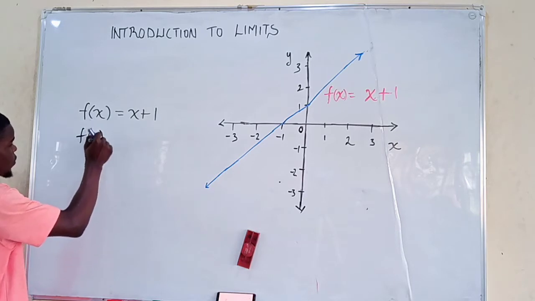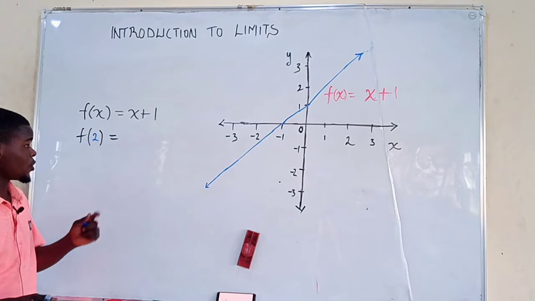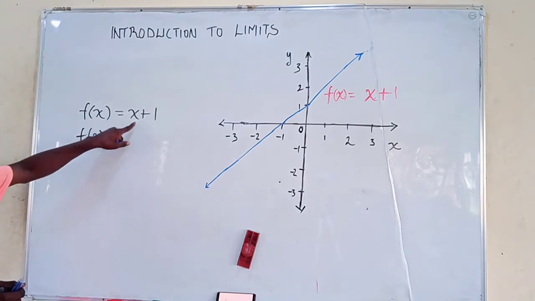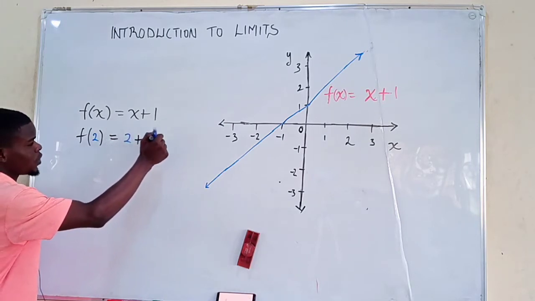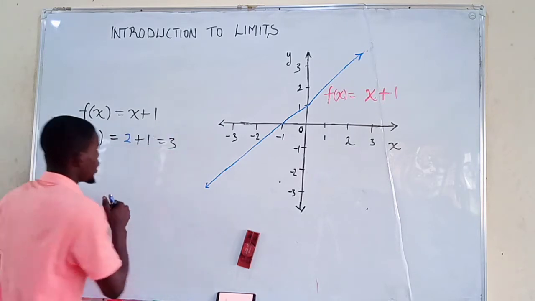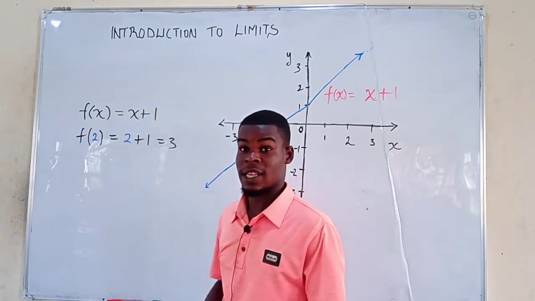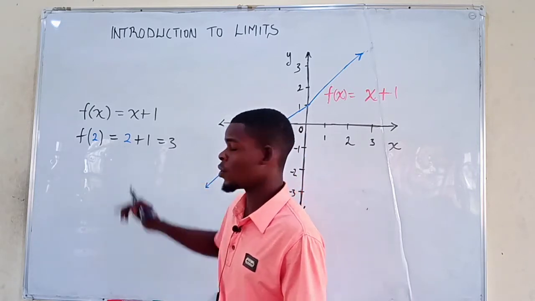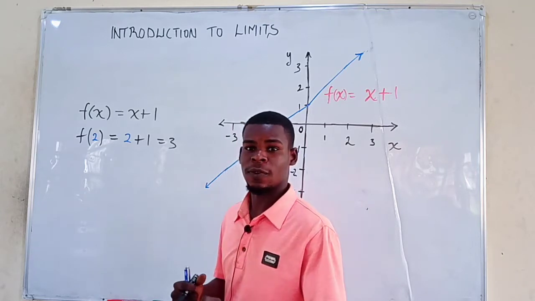You just make a substitution: in place of x, we put 2 here. That will be 2 plus 1, and our result is going to be 3. That tells us that if f of x is x plus 1, it adds 1 to whatever you give to it. If you give it 2, it will add 1 to 2, and the result is going to be 3. That is just evaluation of functions.